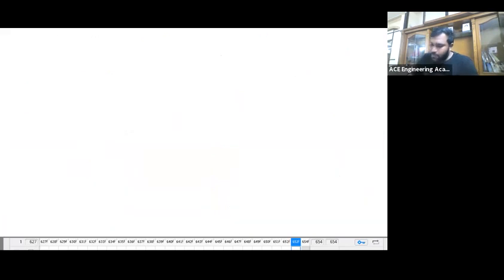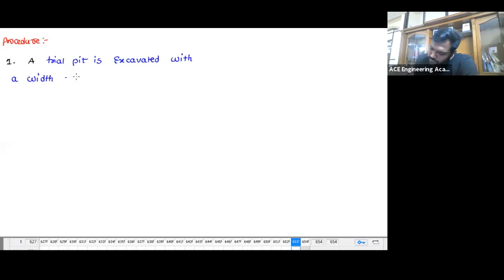Okay. So step number 1, the procedure. A trench or trial pit is excavated with a width of 5 times the width of the plate.